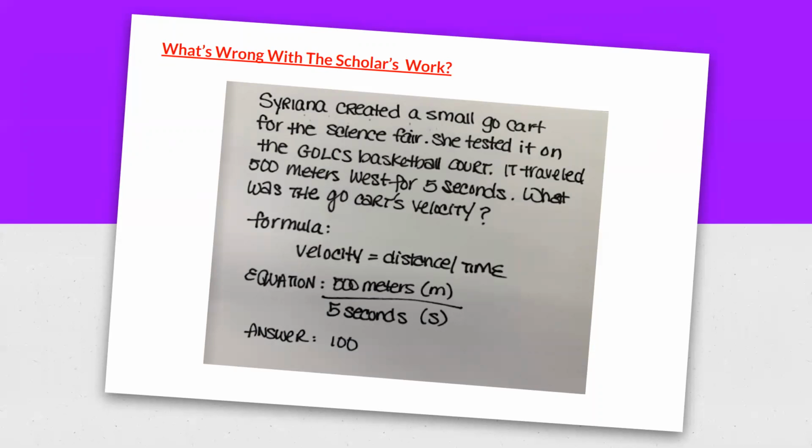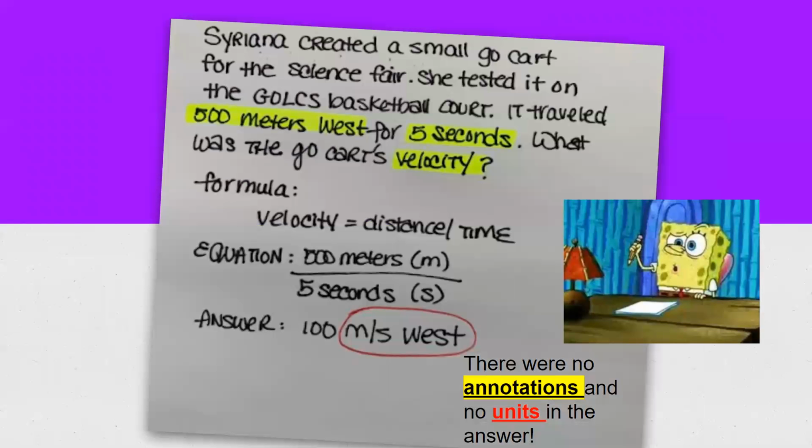Let's take a look. There were no annotations here and no units in the answer. So I took the liberty to fix it. You have the annotations up top, 500 meters west, because we're talking velocity and it has to do with direction, right? For 5 seconds, and that's our time. So what was the go-kart's velocity?